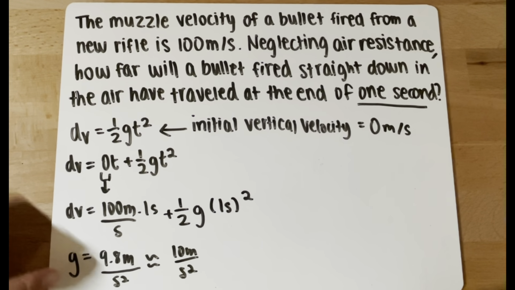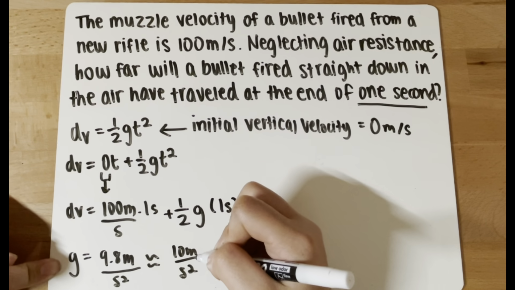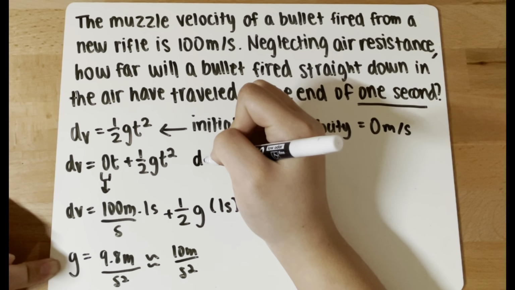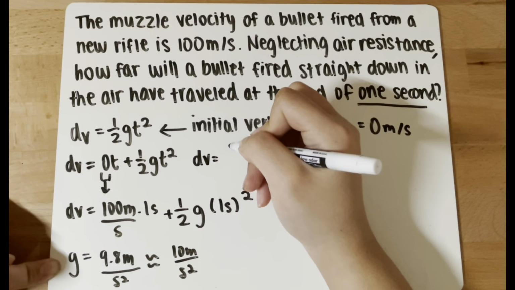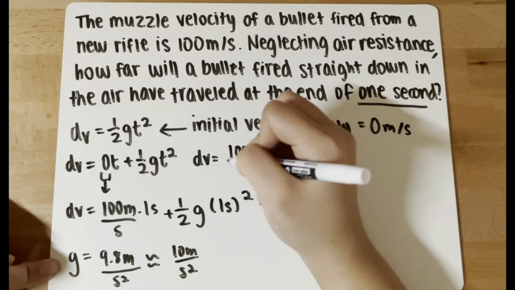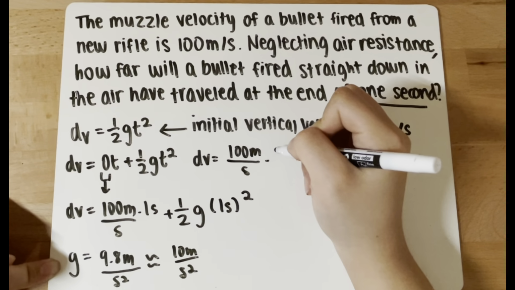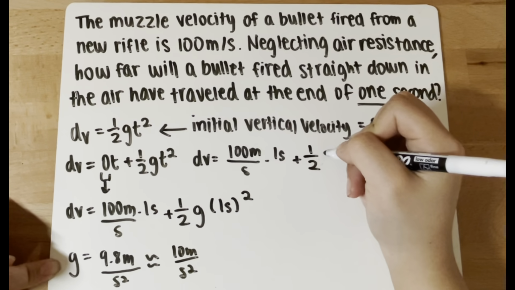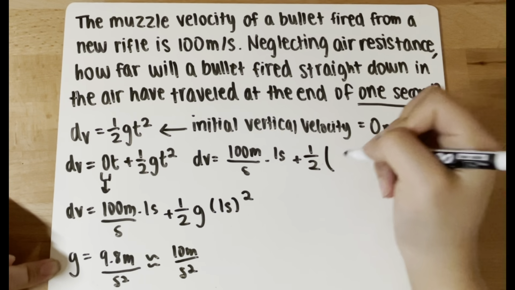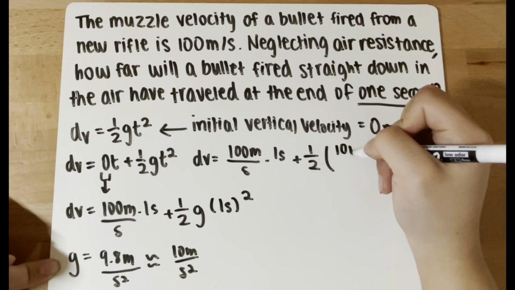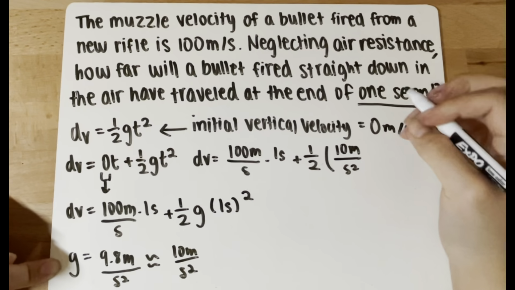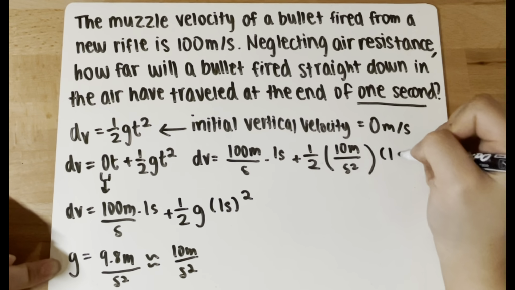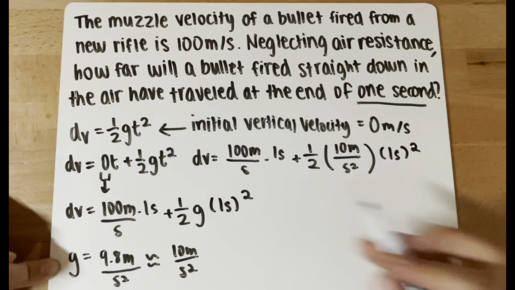So if we plug the 10 meters per second squared into g, our equation would now be dv equals 100 meters per second times 1 second plus 1/2 times 10 meters per second squared times 1 second squared. So this would be our equation.